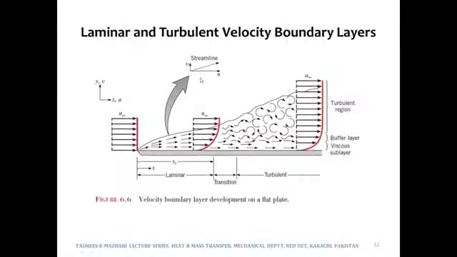Okay. Now in the laminar and turbulent velocity boundary layers, there are some other layers that need discussion. In laminar flow, this is how the velocity profile looks, and in laminar flow the streamlines are very smooth.